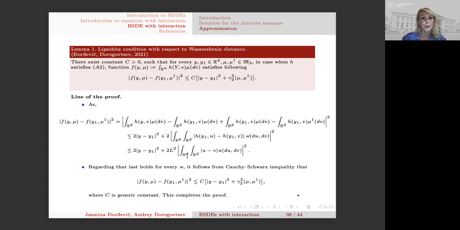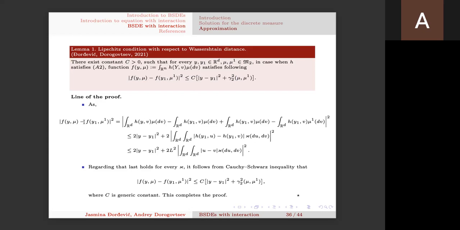The first lemma gives a kind of Lipschitz condition for the drift with respect to the Wasserstein distance of order 2. So for any y1 from R^d and any 2 measures from M2, we prove there exists a positive constant C such that this inequality holds.